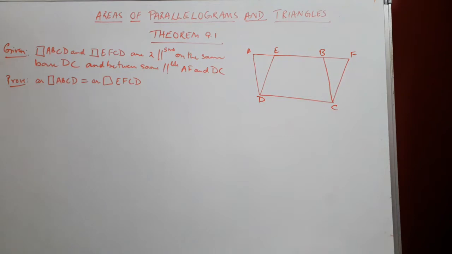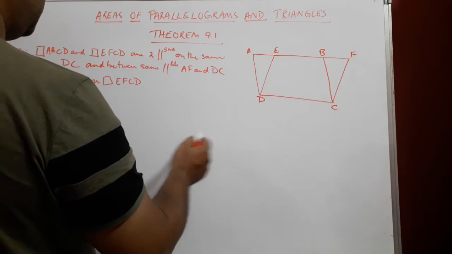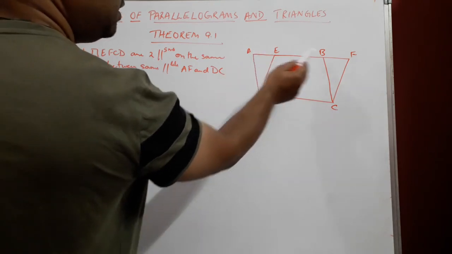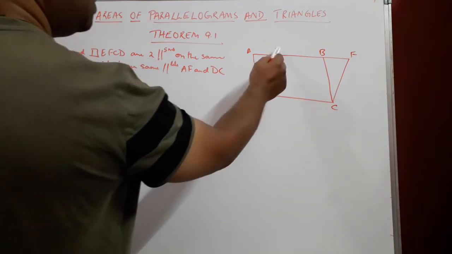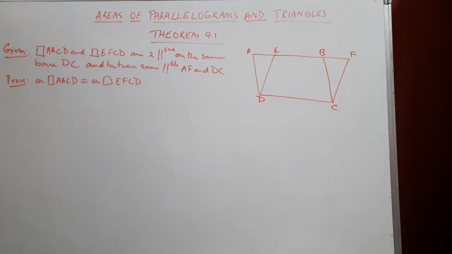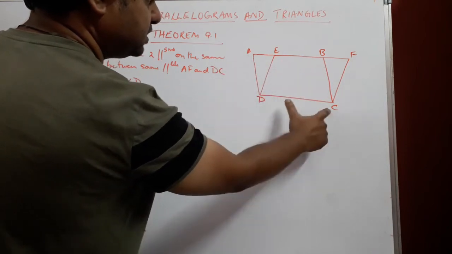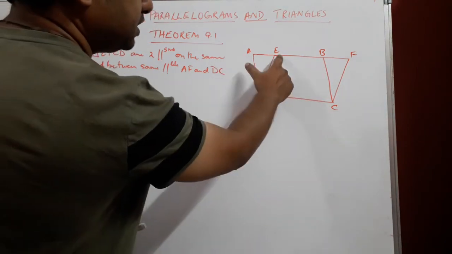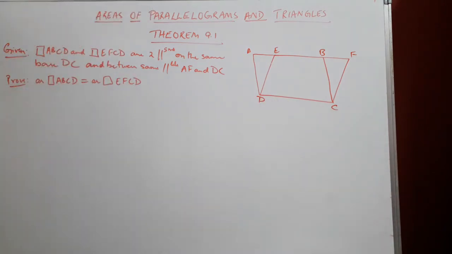We are asked to prove that the area of parallelogram, or quadrilateral, you can say, ABCD is equal to the area of EFCD. So you see there are two parallelograms over here. One you'll have to see as ABCD, and the other as EFCD. And we need to prove that their areas are equal to each other.